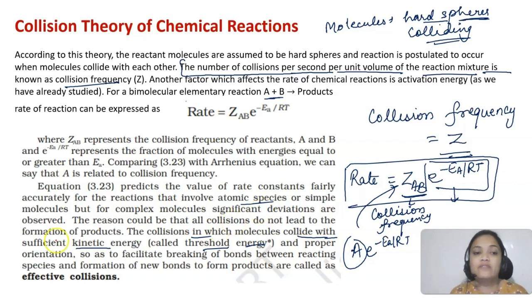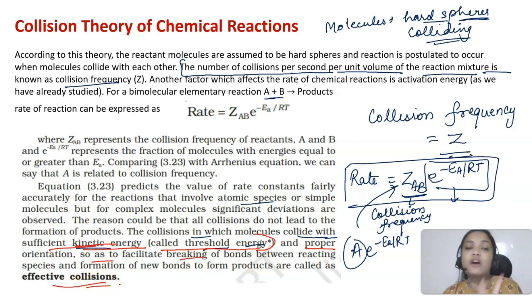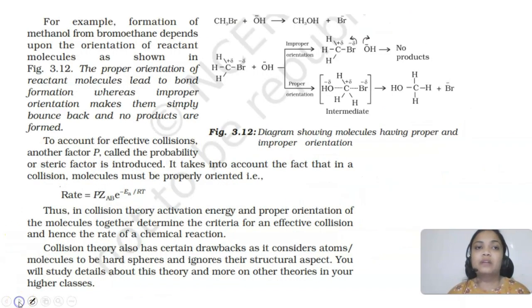If they have sufficient kinetic energy, meaning the threshold energy, and proper orientation, so that bond breaking happens and formation of new bonds happens, this is called an effective collision. So in an effective collision you have to remember two things: sufficient kinetic energy and proper orientation. कि उस orientation में ही collision हो रही है तभी product बनेगा. Otherwise if random collisions are happening, it's not necessary the product will be formed.